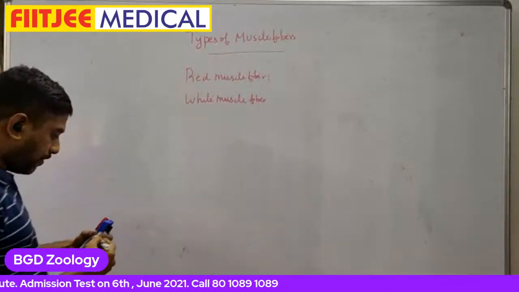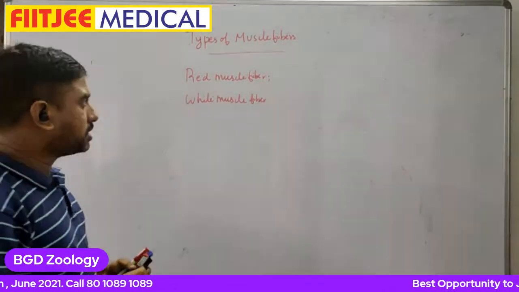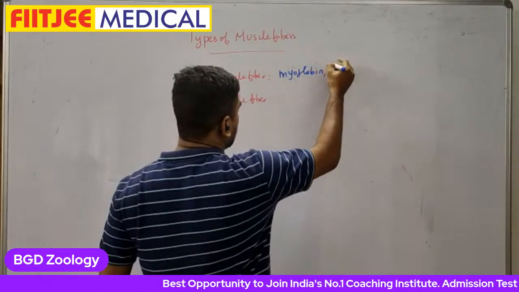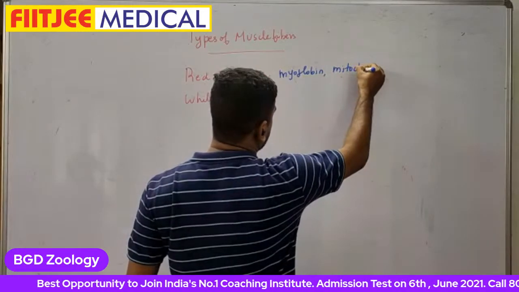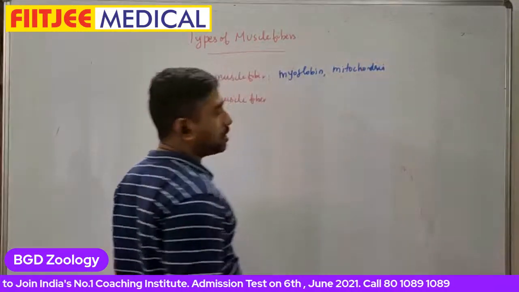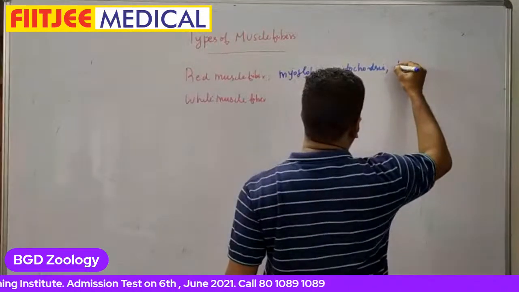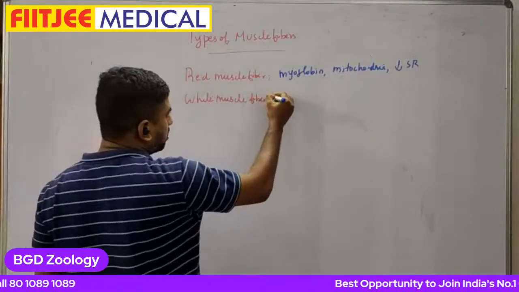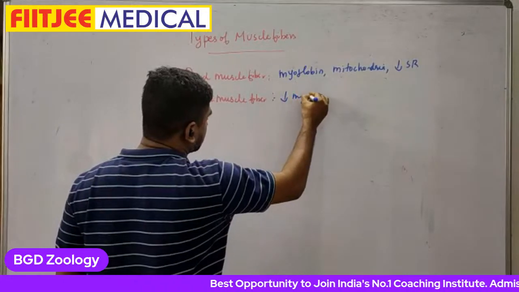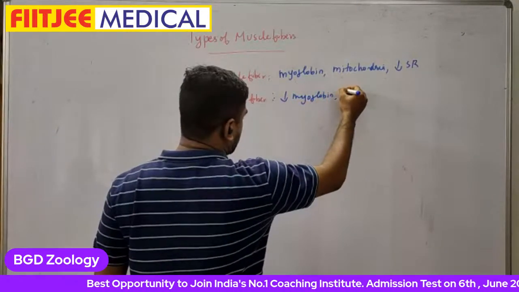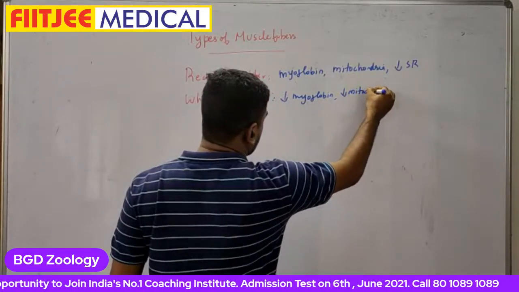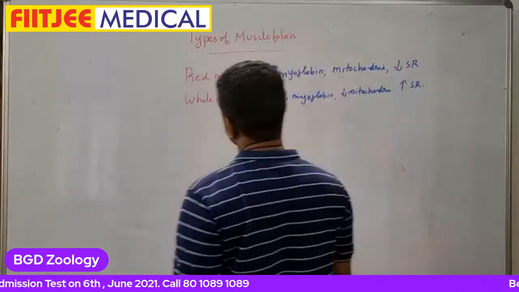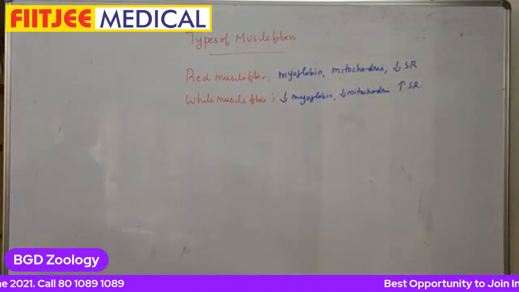If you consider the red muscle fibers, why do they call them red? Because they contain more myoglobin, more mitochondria, right? And they contain less sarcoplasmic reticulum. In the white muscle fibers, the myoglobin will be less, the mitochondria will be less, but the sarcoplasmic reticulum will be more. That point also, please remember.